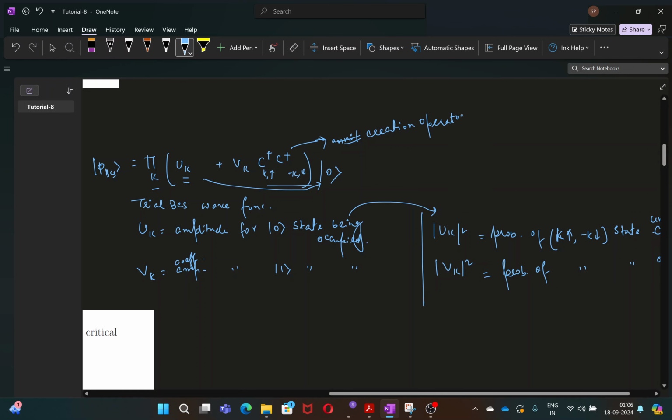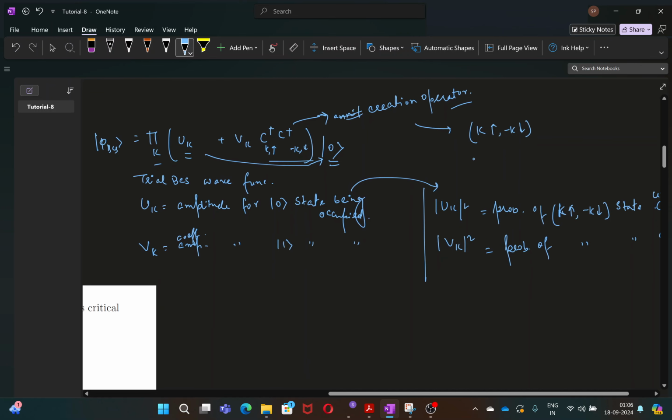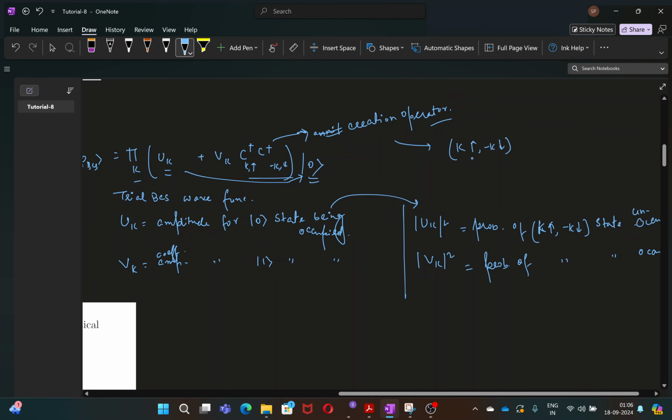This is based on the second quantization method, written in k space, so that the BCS trial wave function is written. This is the creation operator for the k up and minus k down state, and it is acting on the 0 state, which is an empty state. So obviously it will give rise to a state where k up and minus k down are occupied.